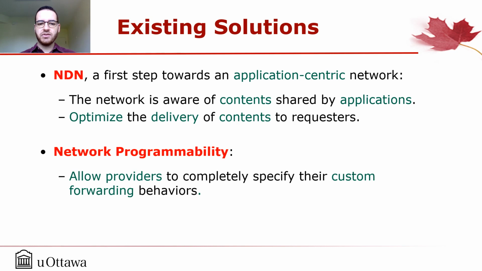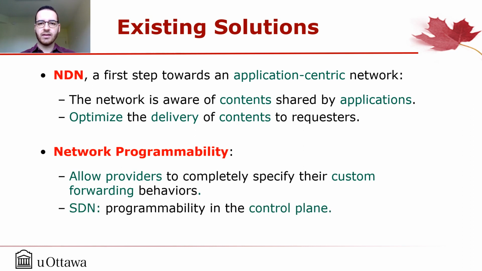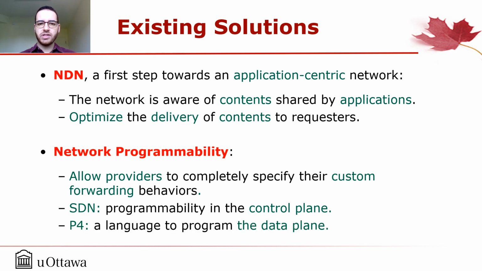It allows providers to completely specify their custom forwarding behaviors directly in the network. One of the most prominent solutions that allows network programmability is SDN, which does programmability completely in the control plane. Another solution is P4, which is a programming language that allows the data plane to be programmed.